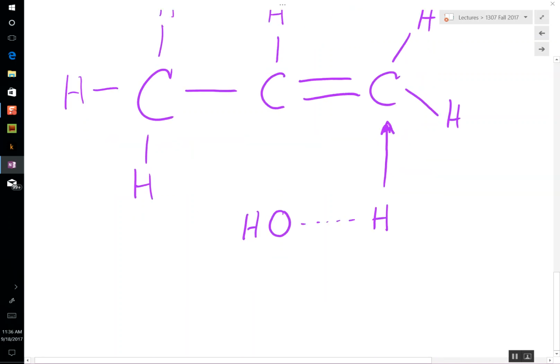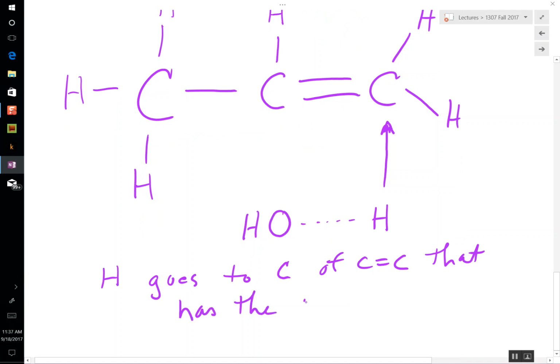Okay? Hydrogen goes to the carbon of the carbon-carbon double bond that has the most hydrogen. Okay? Hydrogen goes to the hydrogen. And the other half of the molecule goes to the other carbon.